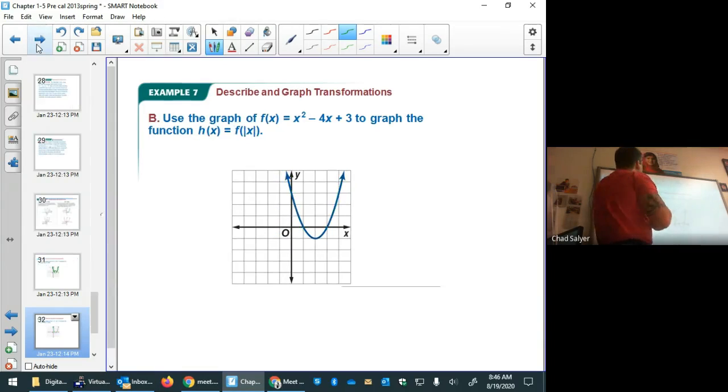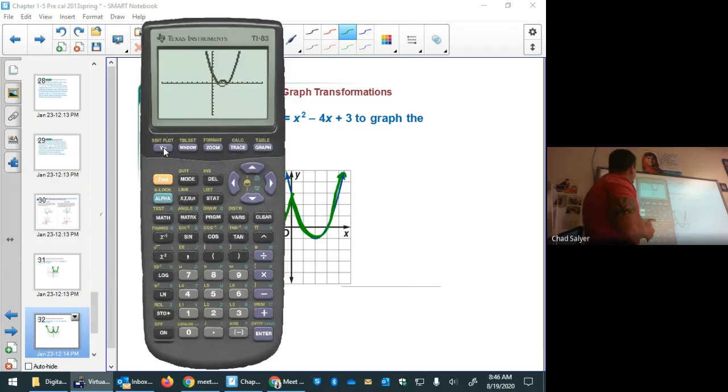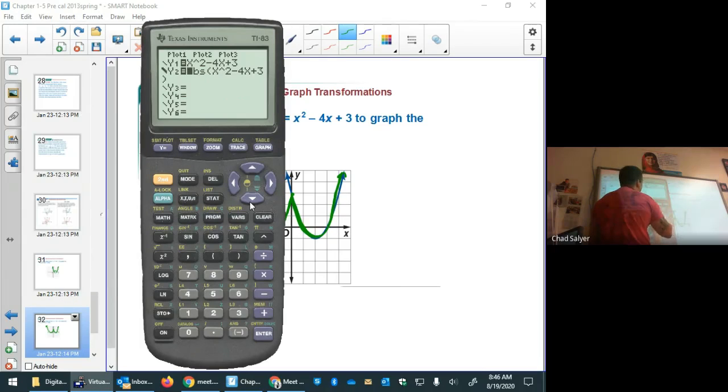So what if I modified the input to be the absolute value? Well, in that case, everything to the right of the y-axis would be the same. And then that would be mirrored on the left side like so. So let's start from scratch here because it's going to be a little more complicated to put in.